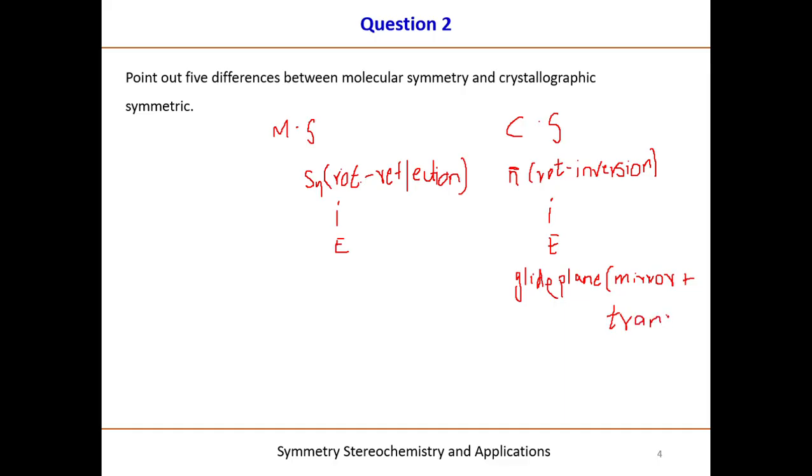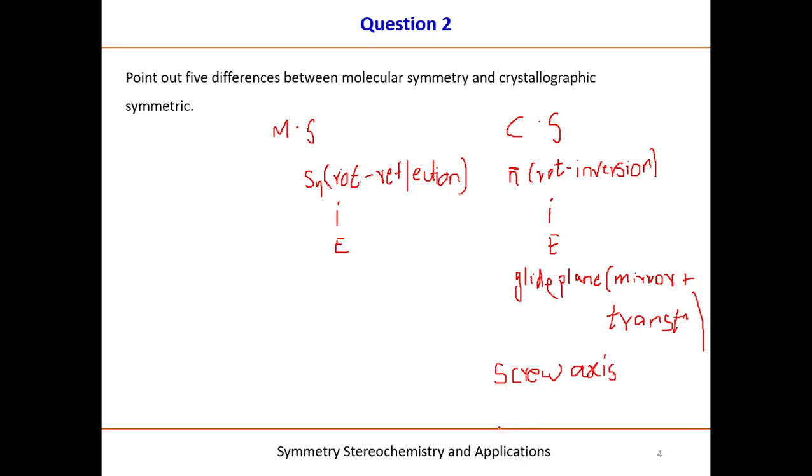One more element is present in crystallographic symmetry, which is known as screw axis. The screw axis and its examples are explained in detail in YouTube videos, so you can find it from there. I am writing here just the name screw axis, which is present only in crystallographic symmetry.